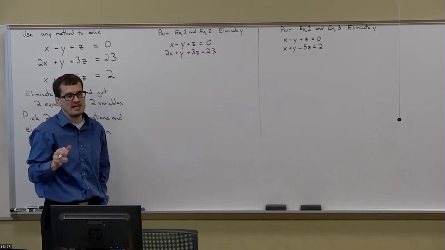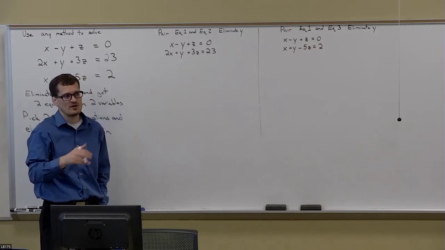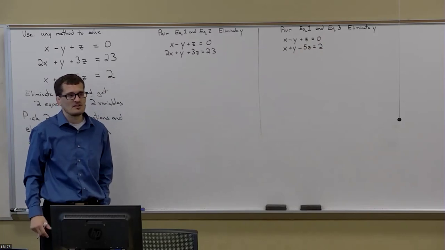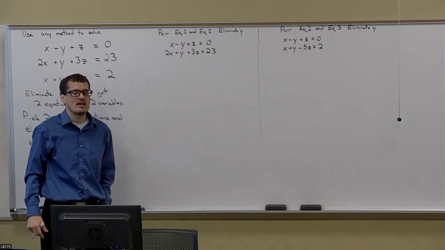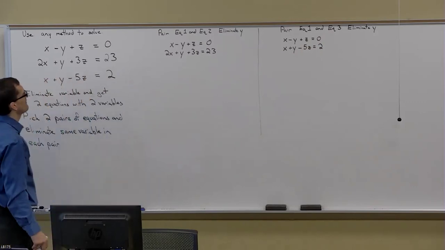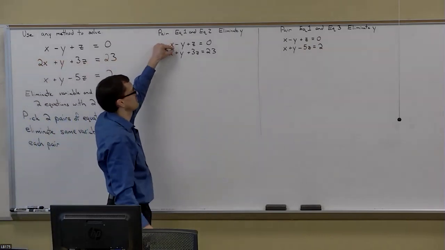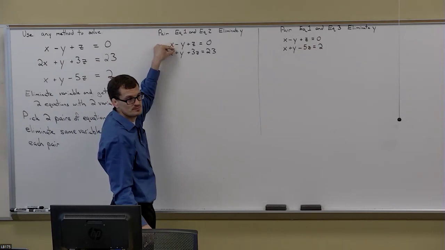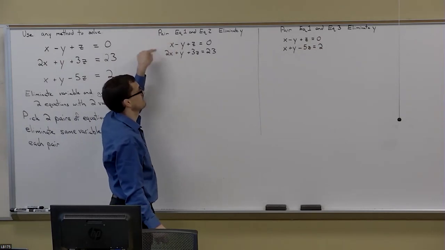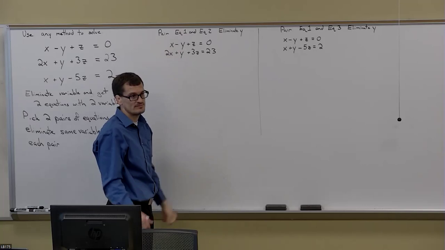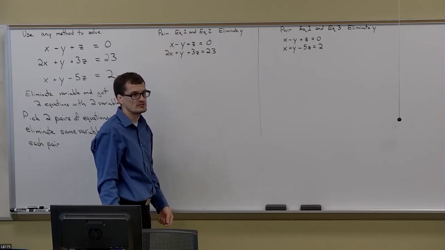Now, we made good picks. We were smart enough to look ahead a little bit and say, it's going to be fairly easy to eliminate the y's in this pair, equation 1, equation 2 pair, because we already start with opposite coefficients. In that case, multiplying is not going to really help me very much.